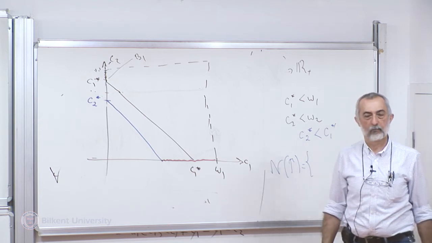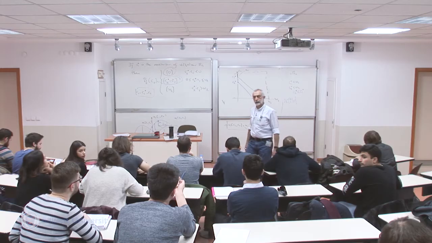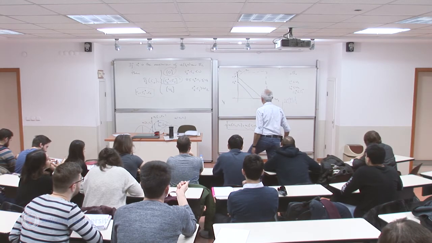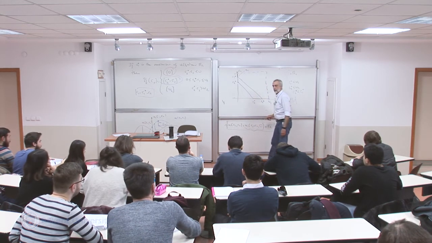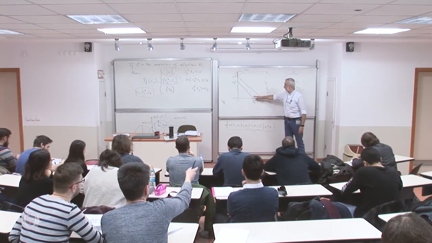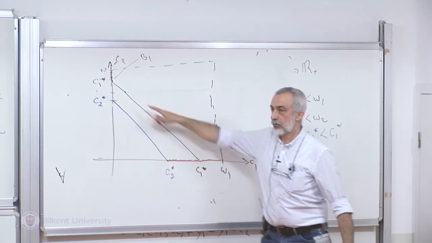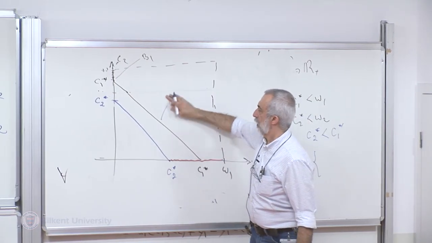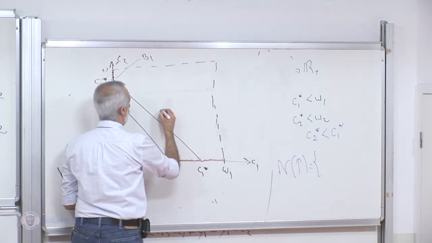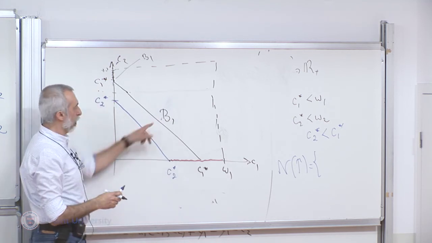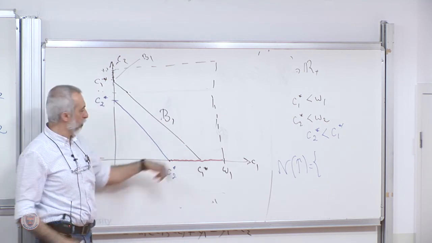That's, by the way, C2 star. The graph, which graph? This one. This is B1, the graph of the best response for player 1.